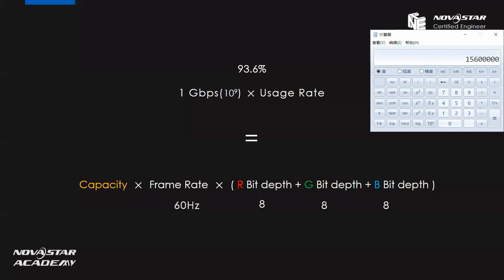And also we divide it by the color depth of RGB, 8, 8, 8, 24. So here, after calculating, we can get the loading capacity is 650,000 pixels.